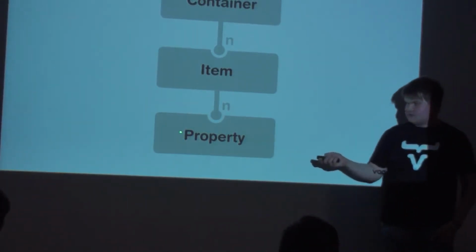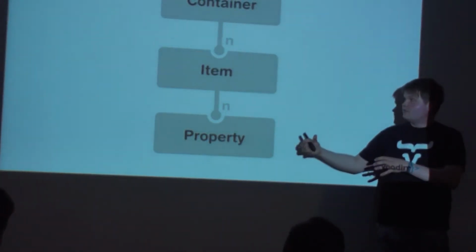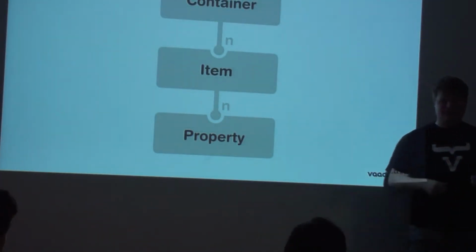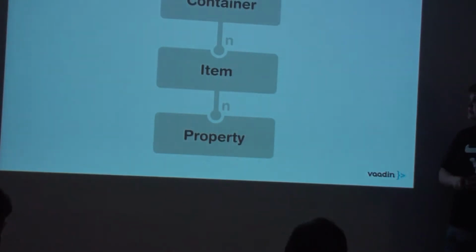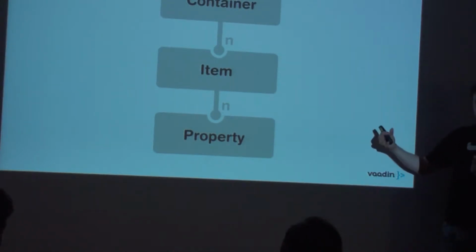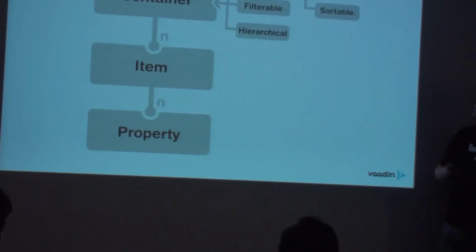We have properties, so this is just one value. We have item, that's basically an object, a set of named properties, and then we have a container, which is a set of named items. This can be tabular data or hierarchical data, and there are quite a few sub-interfaces for these if you want to implement them.